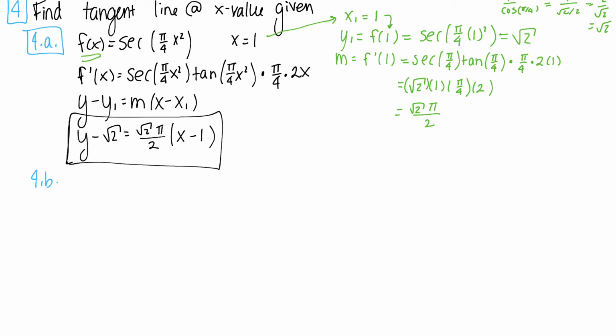All right, for 4b, you are given y equals (x minus 1 over x plus 1) quantity squared, and you're actually given the point (0, 1) here. So you're actually given both the x value and the y value here.